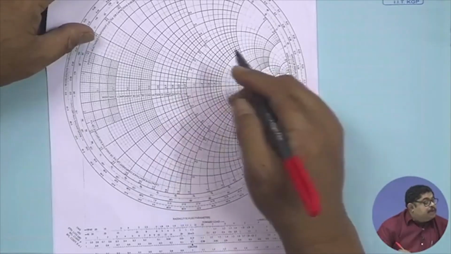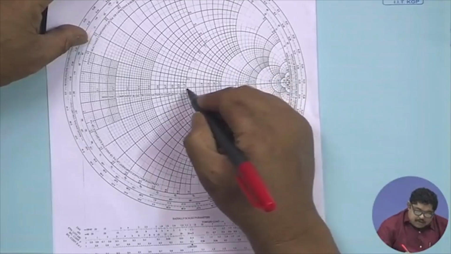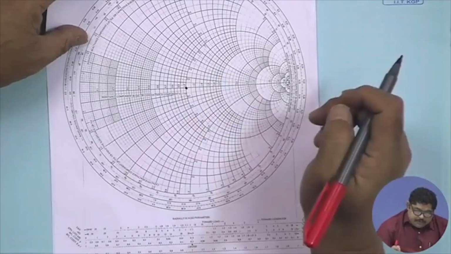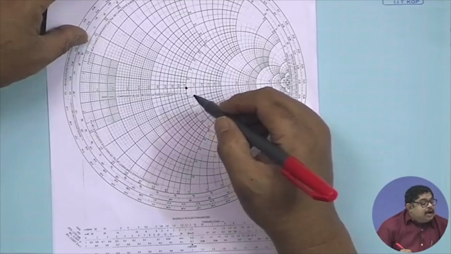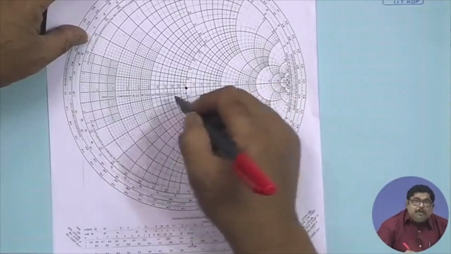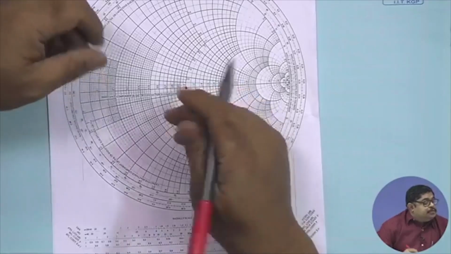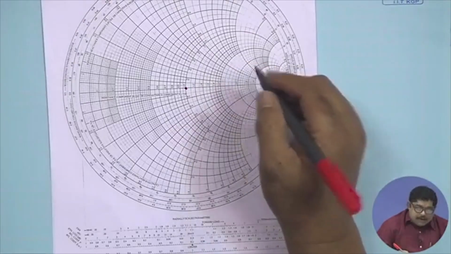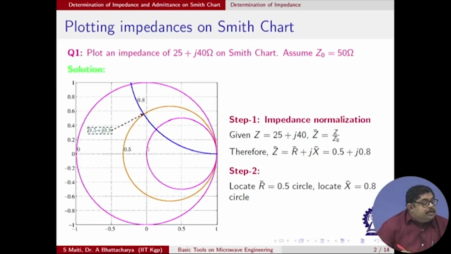There you locate, as we have shown, the central portion of the Smith chart, and since R bar is 0.5, it will be to the left of this. As shown in the slide, you find a circle passing through the rightmost point 1, 0 and 0.5. Then you locate the constant reactance 0.8 circle. X bar is equal to 0.8, so you locate an arc.